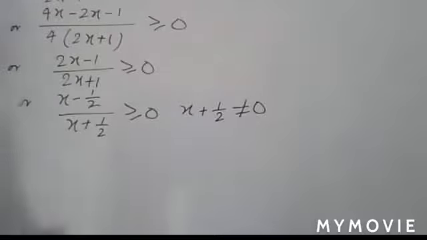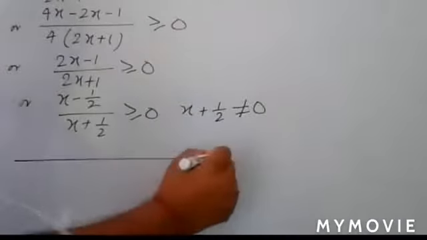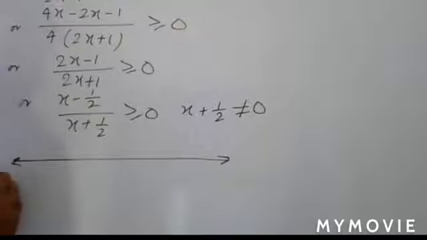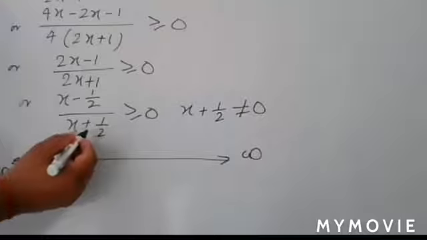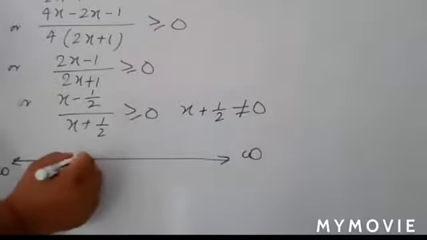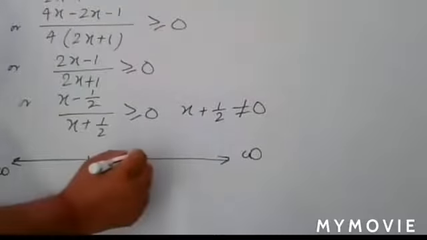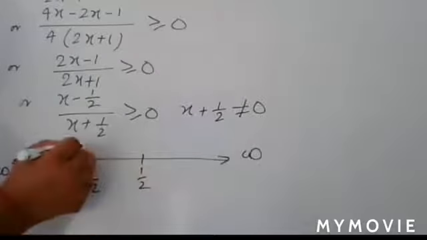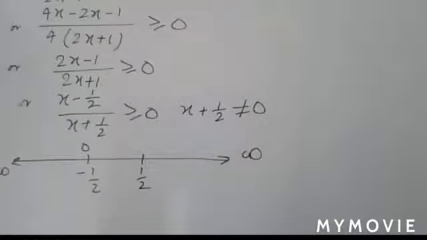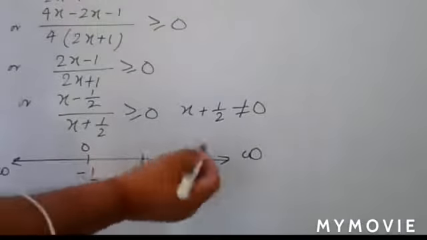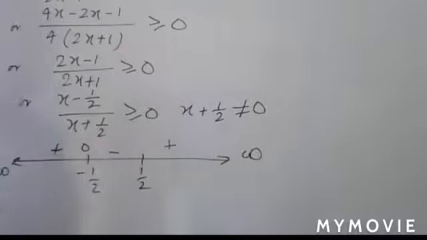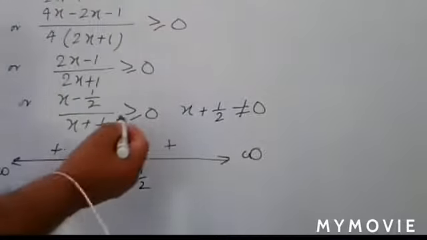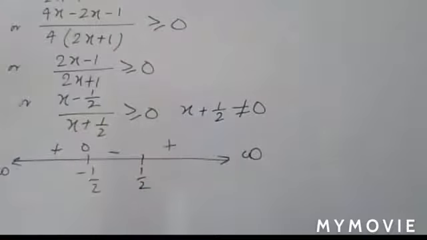And here you apply the same method. So if you draw the line, here you have minus infinite, infinite. And here you have x is equal to minus 1 upon 2, and here you have x is equal to 1 upon 2. But this minus 1 upon 2 is not taken. That point is not taken. So if you decide your reason, if x is greater than 1 by 2, that is positive, negative, and here you have positive reason, and the complete number is greater or equal to 0.